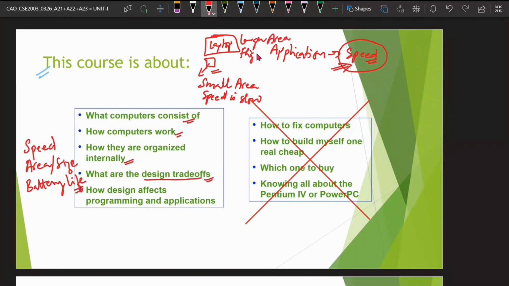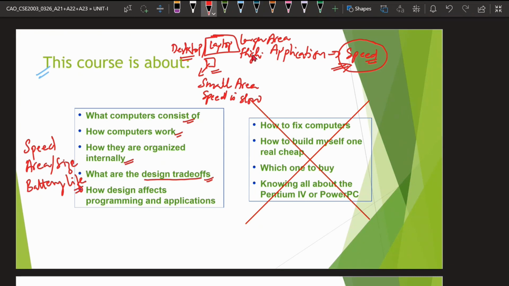Or consider a desktop: desktops have higher area and are more performance oriented. They have better speed and better performance than mobile or laptop. So one thing we can see is if the area is large, the performance is high.